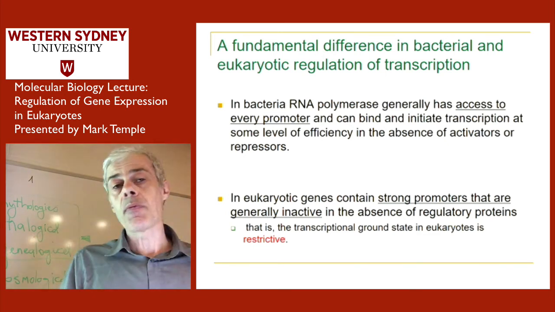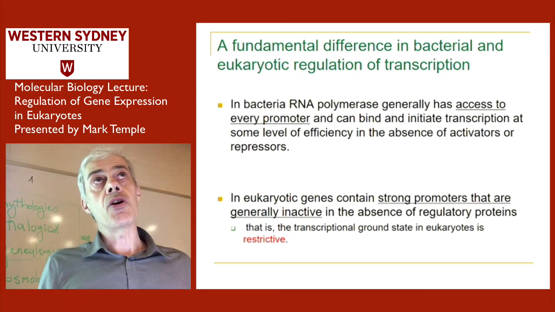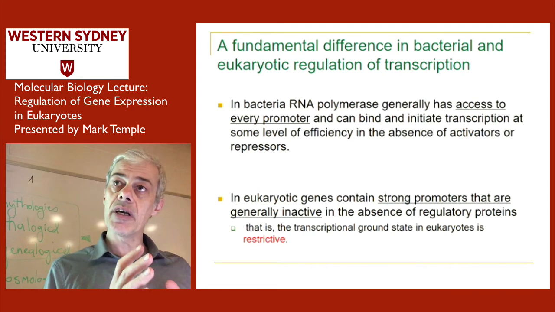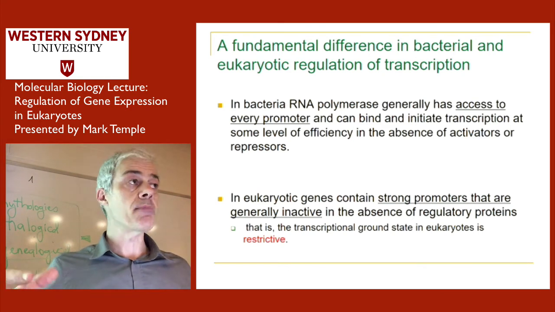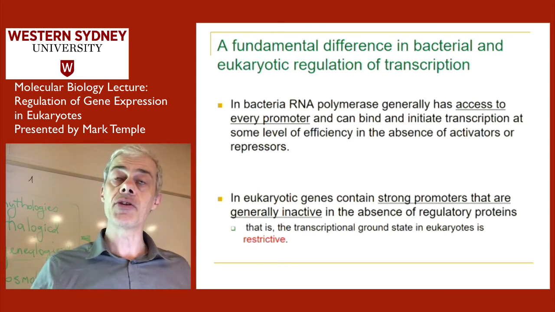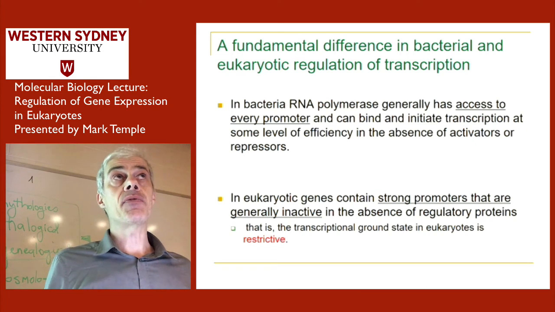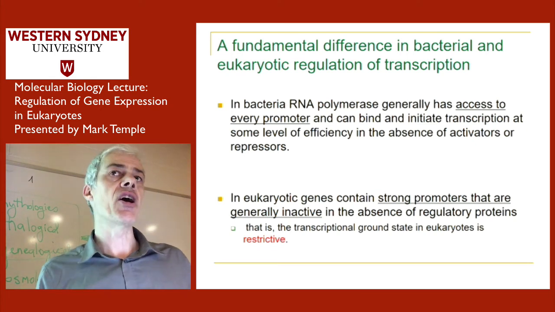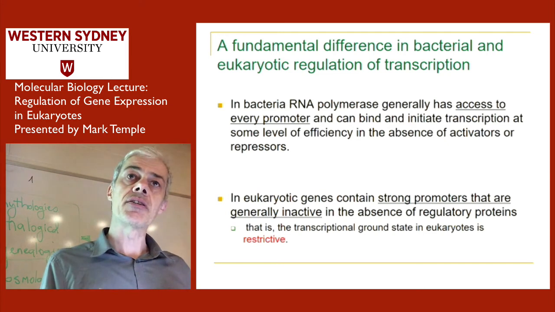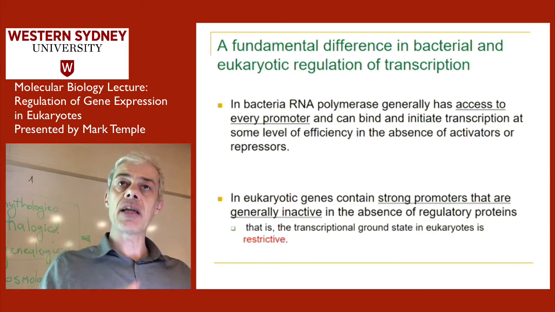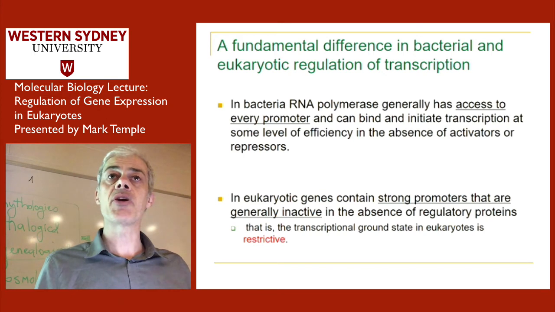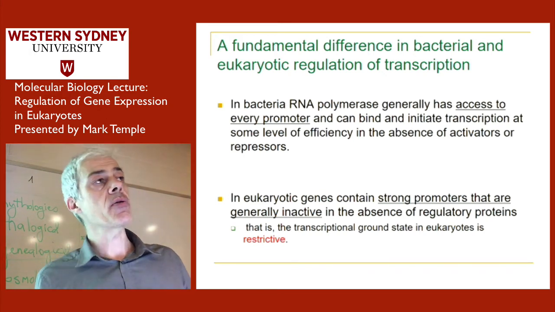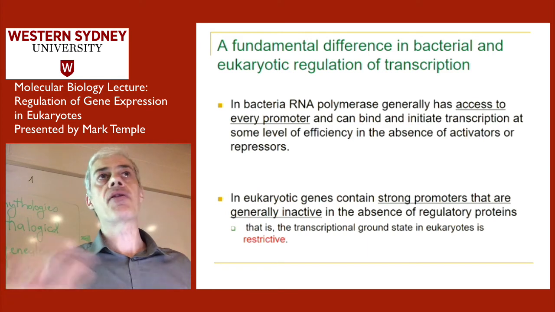Whereas when you get into eukaryotes, not only are the genes much bigger because they've got introns, and introns often make up more of the gene than the exons do, but out of the genome, only about 4 or 5% is actually genes, sequences that you would consider to be a gene, whether intron or exon. So we've got a lot more DNA in eukaryotes that is doing other things.